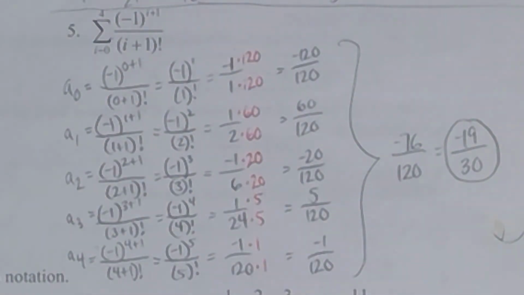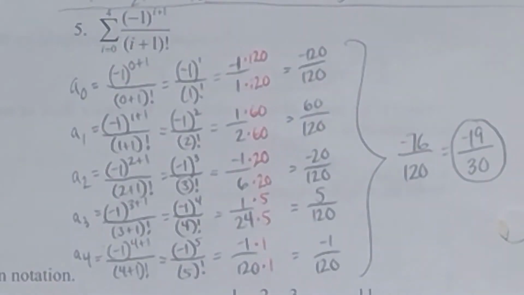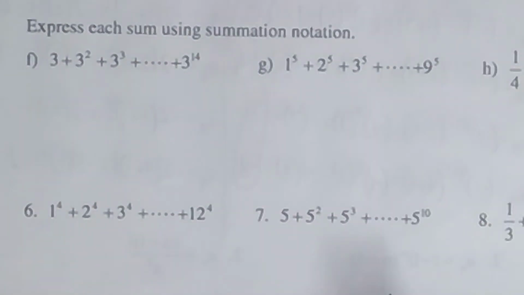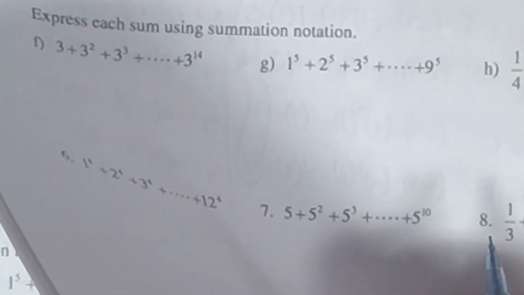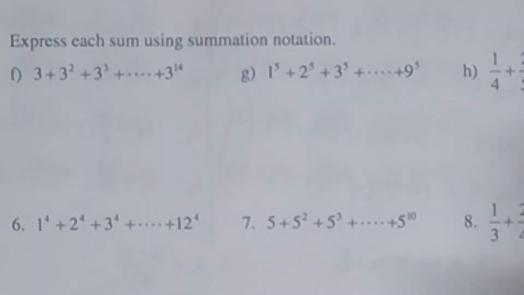Speaking of sigma notation, summation notation also is what it's called. If you come down here to the last set of problems, we're going to be going backwards now. All right. Notice it says express the sum in summation notation. So what they want you to do actually is see how the answers here look like.